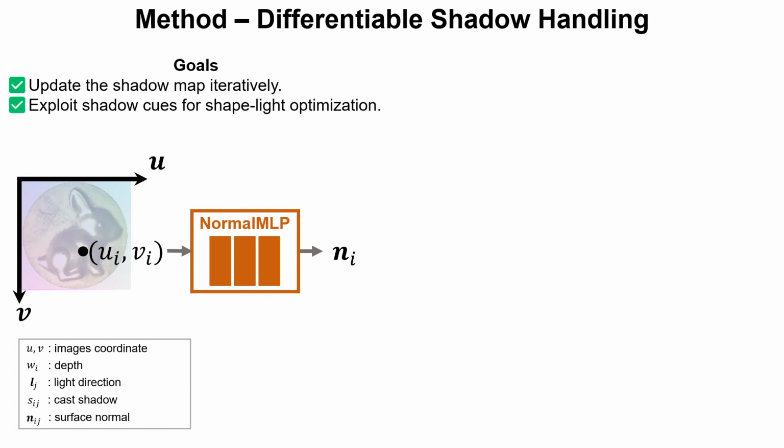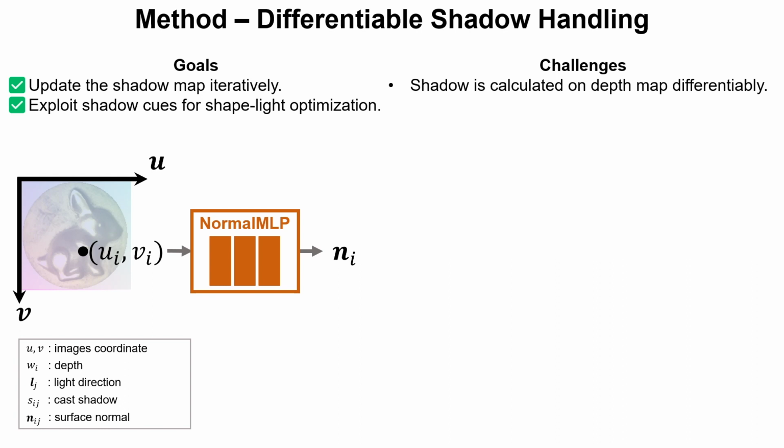The first method is the differentiable shadow handling method. It aims to iteratively update the shadow map and efficiently exploit shadow cues for shape-light optimizations. However, implementing this method involves overcoming several technical challenges. In DANI-Net, the shadow should be directly calculated on the depth map rather than the normal map in a differentiable way.